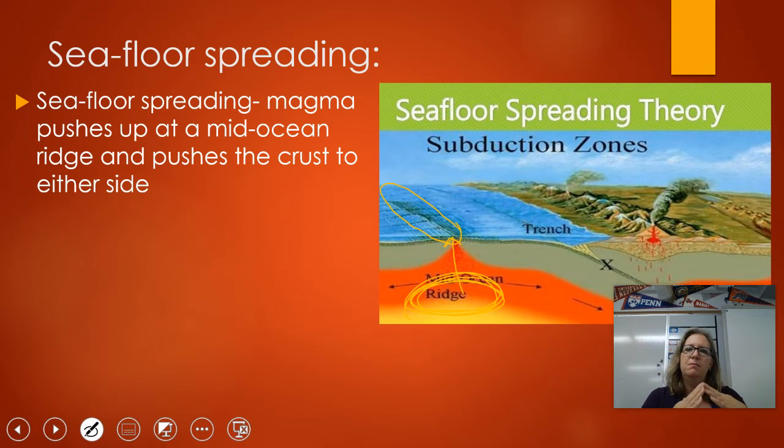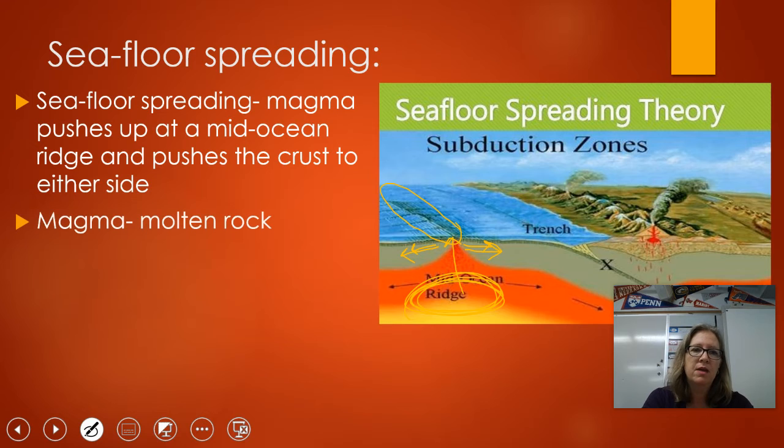As that material is coming up, it's pushing out to the sides. So this new sea floor spreads. That's seafloor spreading. The crust is being pushed away from each other at that point. It doesn't open up a giant chasm because there's new rock forming. As the magma comes up, it's cooling and re-solidifying. So there's new crust forming and pushing off to either side at that mid-ocean ridge.